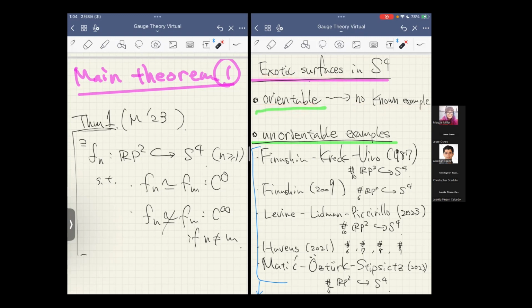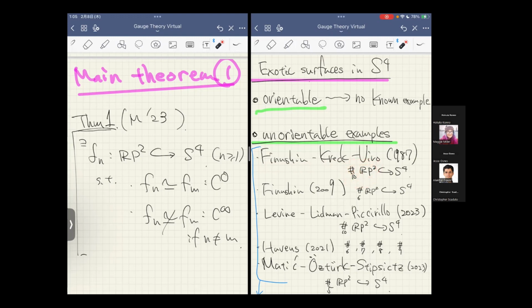And to the best of my knowledge, these are the known examples of unorientable surfaces in S4. The first example is given by Finashin, Kreck, and Viro. This is given in 1987. They give an infinite family of exotic embeddings of unorientable surface with genus 10.